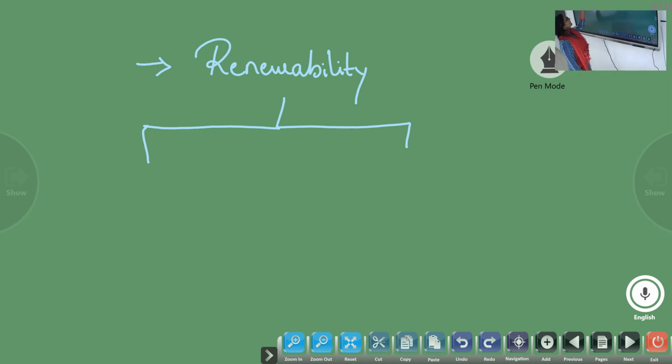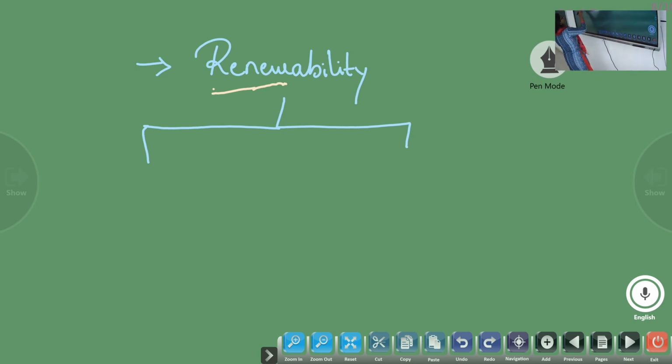Now, what is renewability? Do we know new? New means something new. So, what is renew? Which can again be attained or can be renewed. So, based on renewability, there are two kinds.